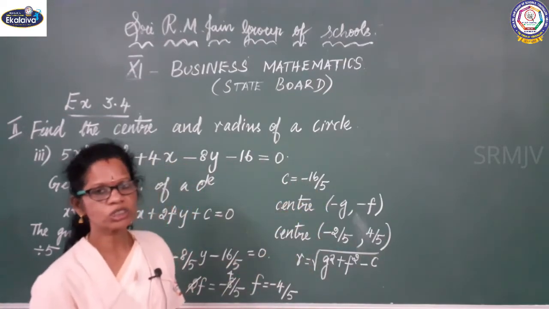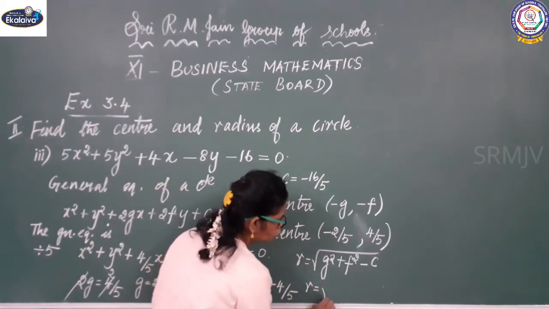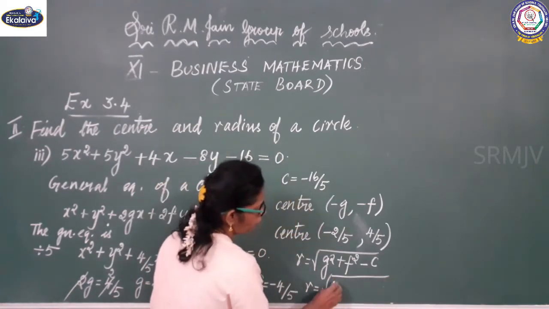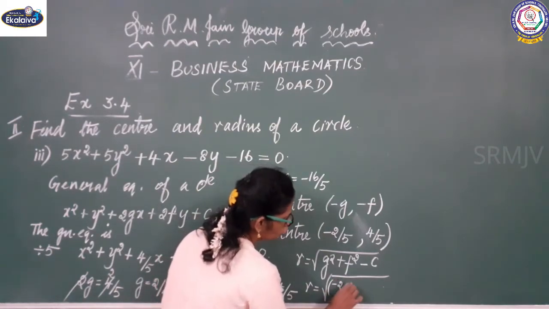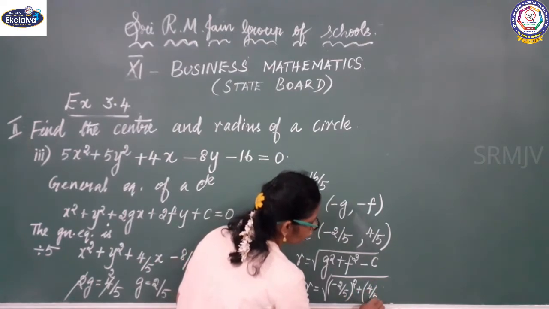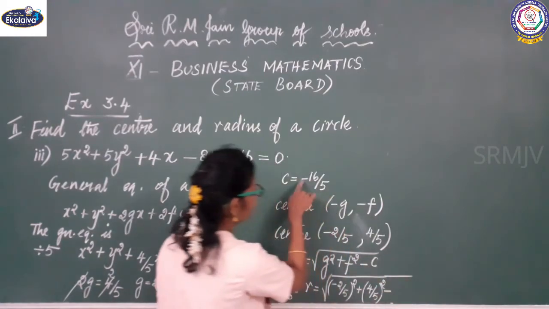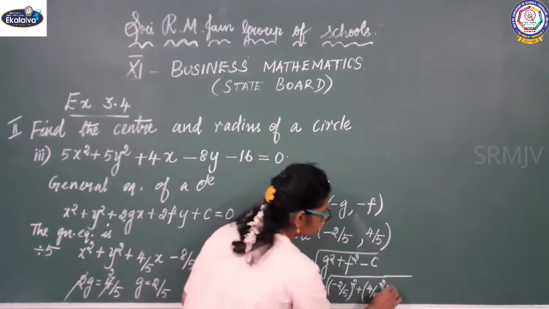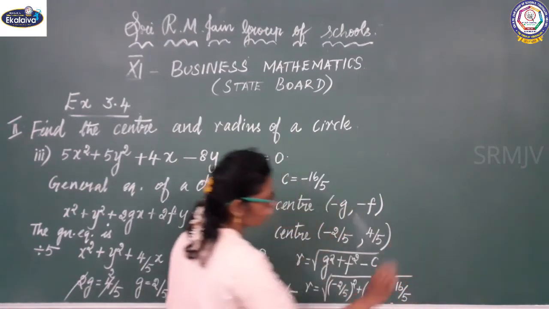Then you are going to substitute here, right? r equal to square root of minus 2 by 5 the whole square plus 4 by 5 the whole square minus, here already minus is there, so minus into minus plus 16 by 5.